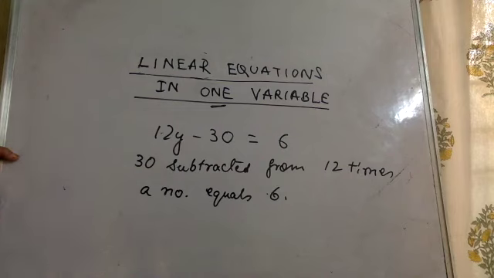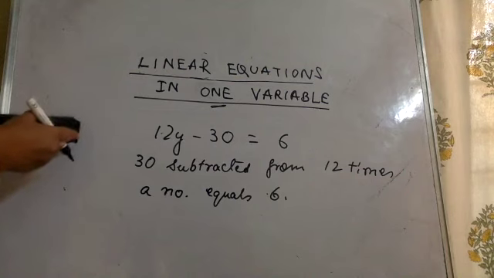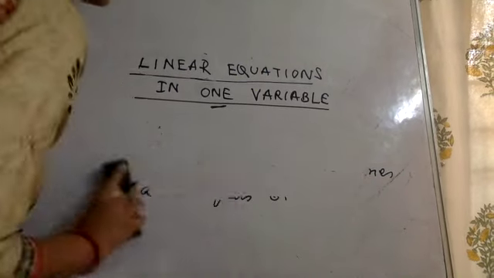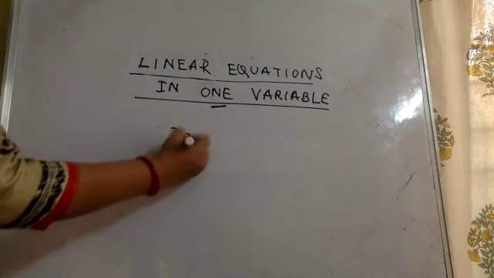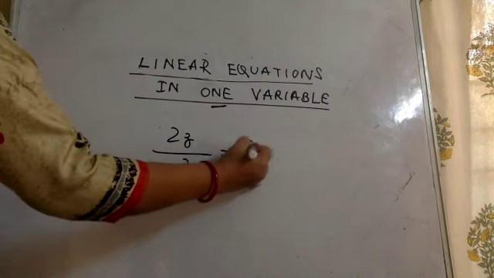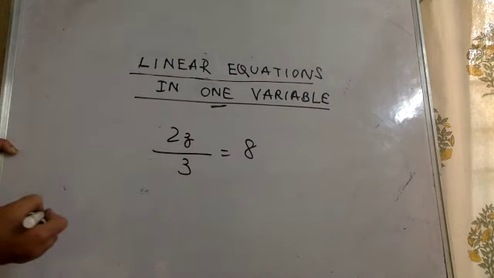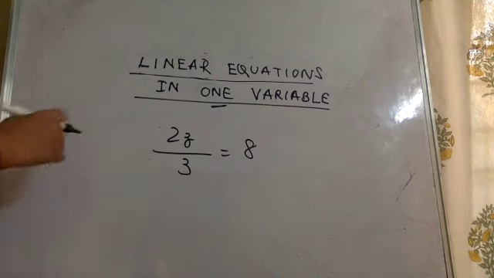Let's take another one. Next one is 2z by 3 is equal to 8. So here is the variable z, by 3 is equal to 8. Okay, so what do we do here? Now you don't understand how to write it.